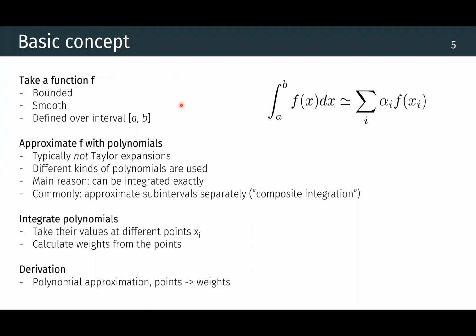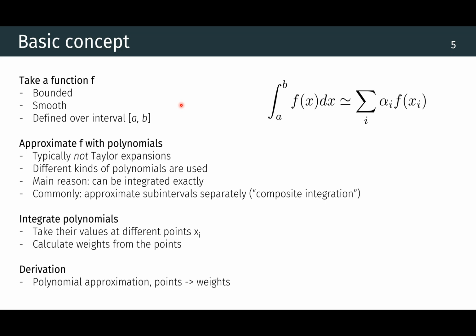Now, if you choose a certain set of polynomials as approximant, then you just say, over the whole domain, I would like to approximate my function f with, say, a cubic polynomial. Now, you need to get the coefficients thereof.